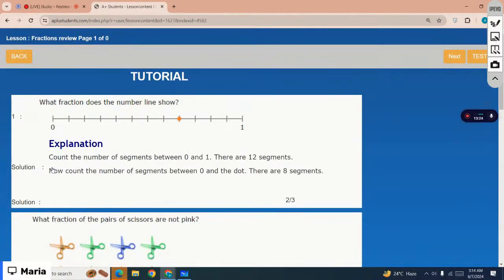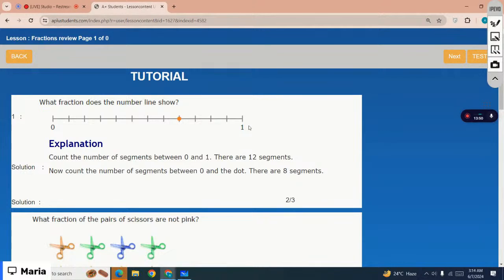You already did the fractions in earlier grades, right? What fraction does the number line show? So let's just see how many segments are between 0 and 1. 1, 2, 3, 4, 5, 6, 7, 8, 9, 10, 11, and 12.